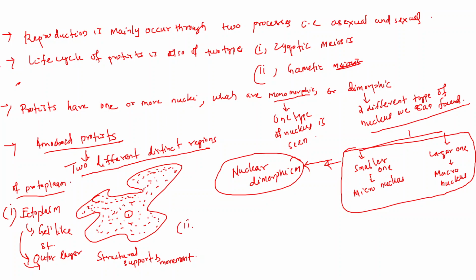Then the next is that protoplasm is divided into two parts. One is ectoplasm, and the next one is endoplasm. Endoplasm is the inner part of the protoplasm. Like ectoplasm is the outer part, endoplasm is the inner part, and it is like plasma sol, which means it is liquid in nature.